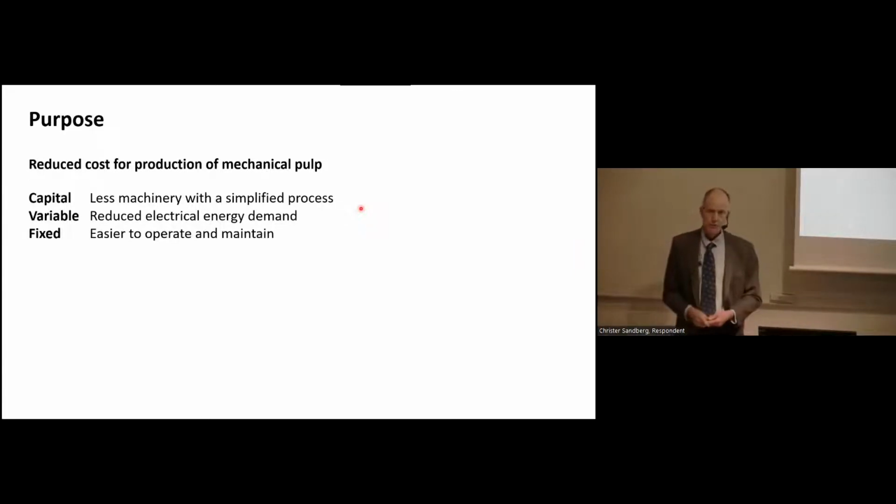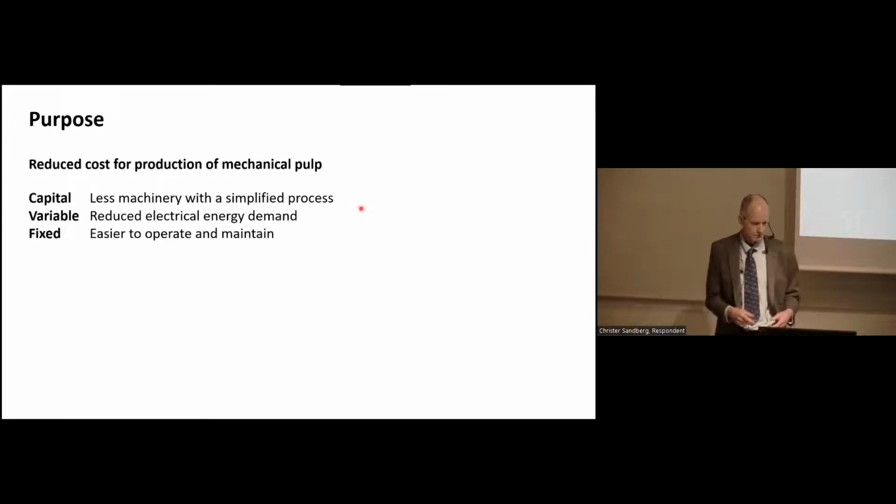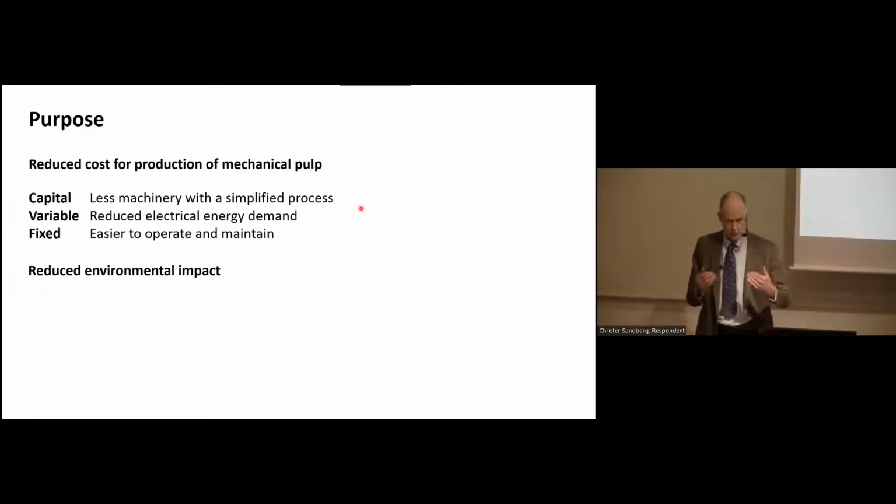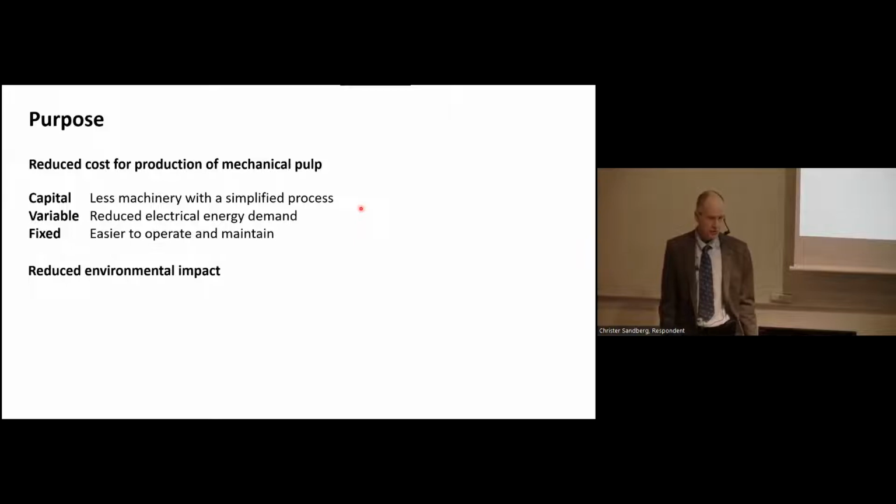Simplifying the process would also affect fixed costs, since it is easier to maintain and operate a simplified process. And of course, all this together would contribute to a lower environmental impact, which is very important today, I think.